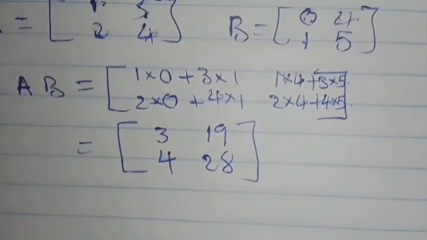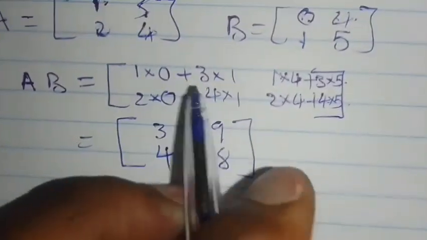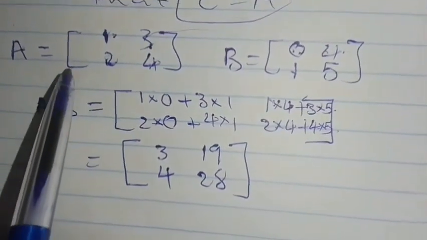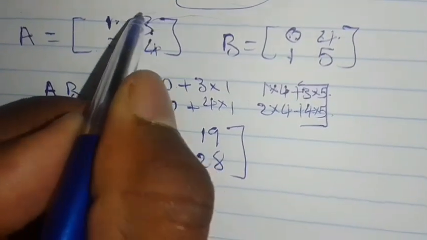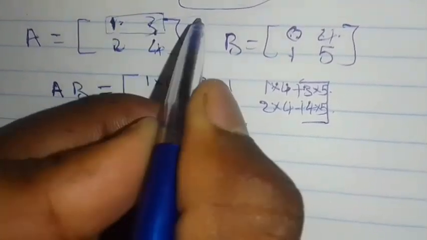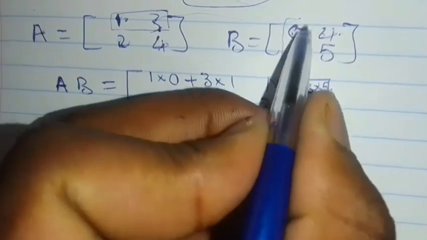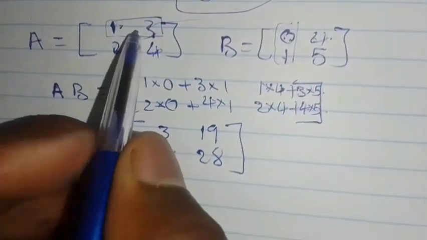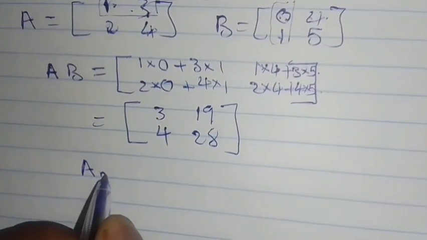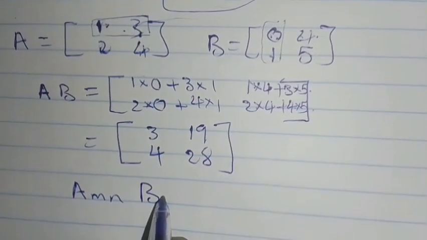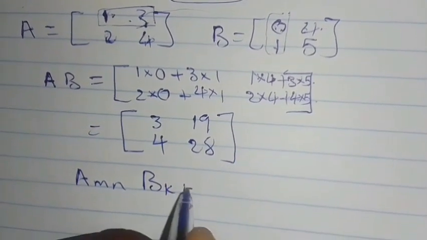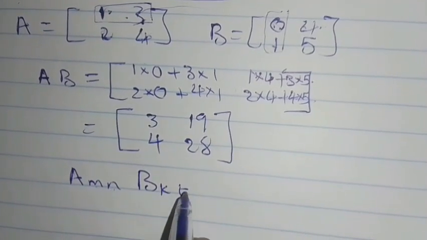So notice something here. For the product of two matrices to exist, the number of columns of the first matrix must match the number of rows of the second matrix. Let's say we have an m by n matrix and a k by t matrix.